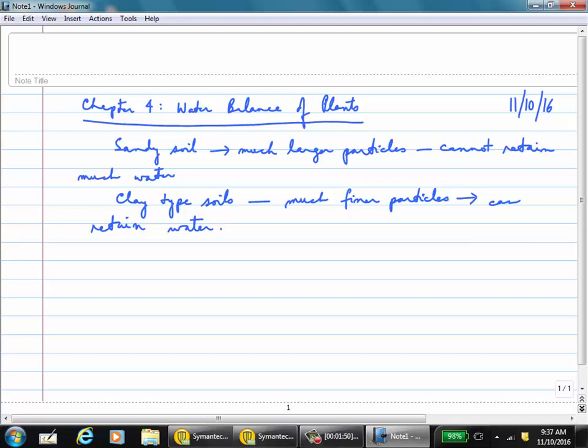Water moves through the soil by what is called bulk flow. If you have water spread out all over the soil, the portion from which it will be removed first is decided by things like water potential, and that is discussed in detail in that chapter. I'm not getting into that.